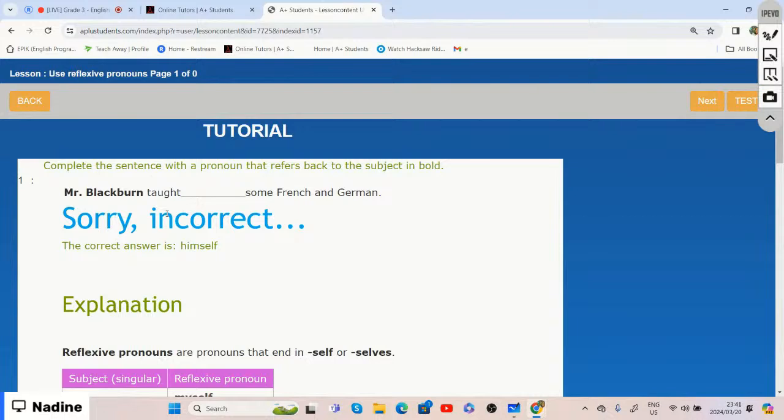Mr. Blackburn is a boy, is a man. We need to choose the correct reflexive pronoun. So Mr. Blackburn is a man, so it's not herself. Herself refers to a girl or a woman.